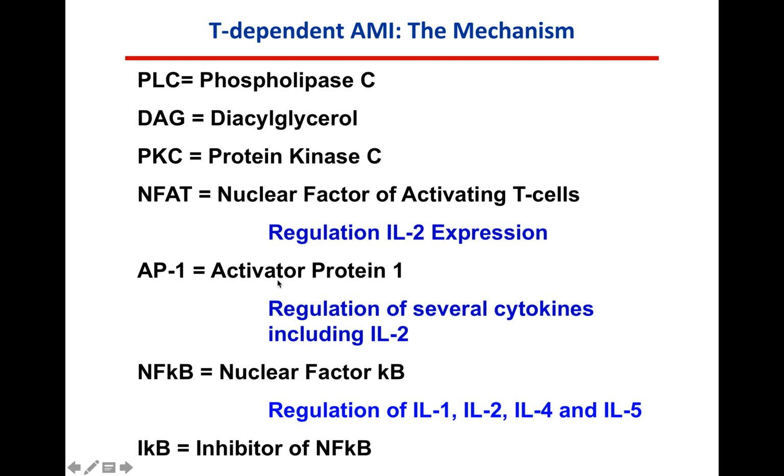AP1 is an activator regulating several cytokines, including IL-2 production. NF-kappa B regulates additional ones as well, and I-kappa B is an inhibitor of kappa B. I know that doesn't mean much to you right now, but we're now going to look at that mechanism. You can refer back to this little glossary.